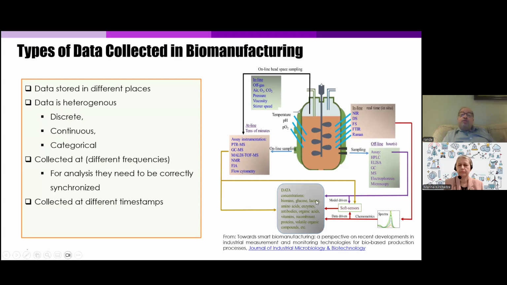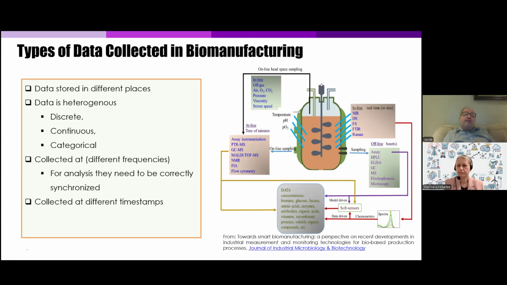And we have the biomass, glucose, and all the metabolite profiles, such as lactate, that are produced during the fermentation. We have offline data. So you can see how complicated this is, a very large amount of data.